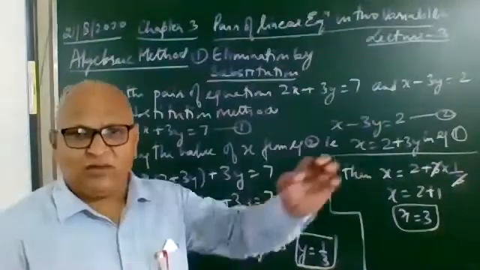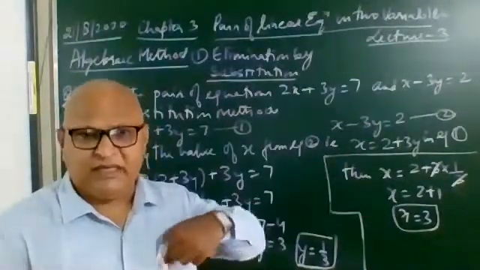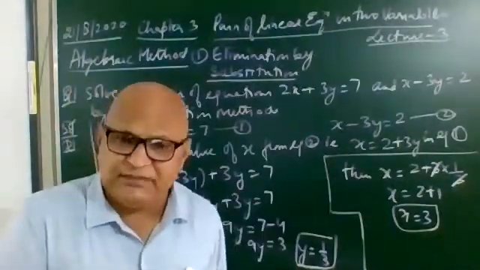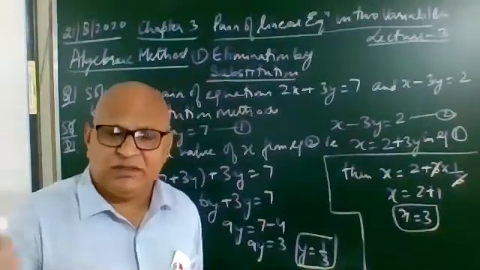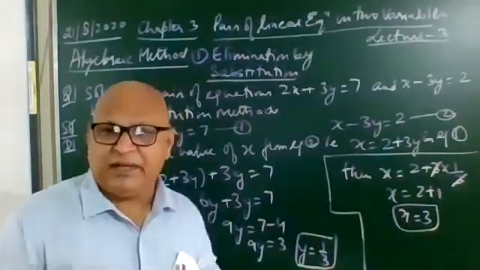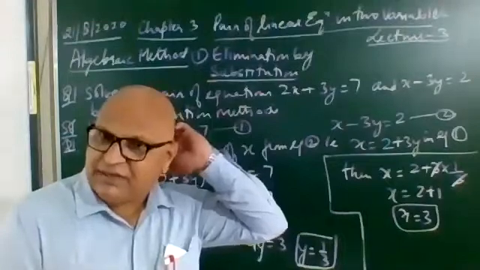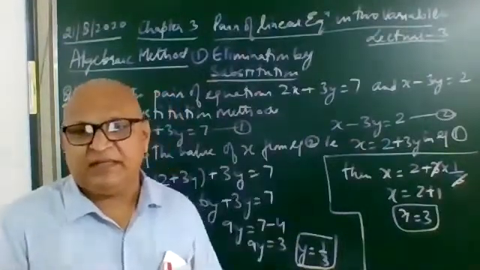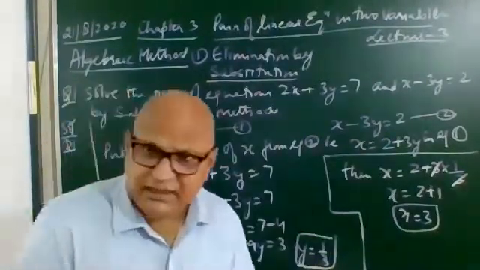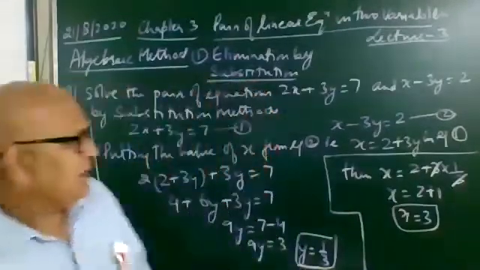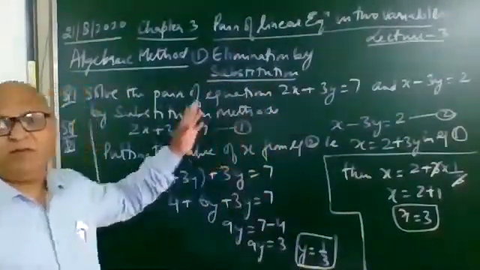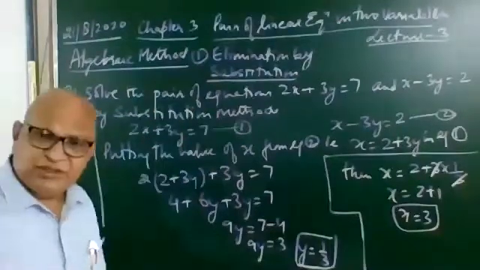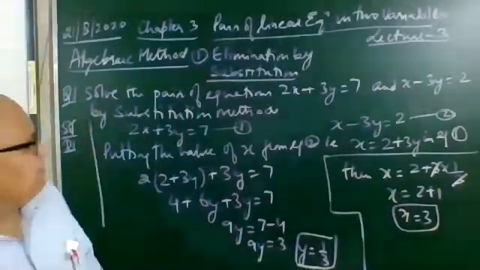Once it is said you have to use cross multiplication method, then you have to use cross multiplication method. If it is said in the question to use elimination by equating the coefficient, then you have to use that method, or elimination by substitution method. So don't get confused. I have only explained how to solve the question by substitution method.